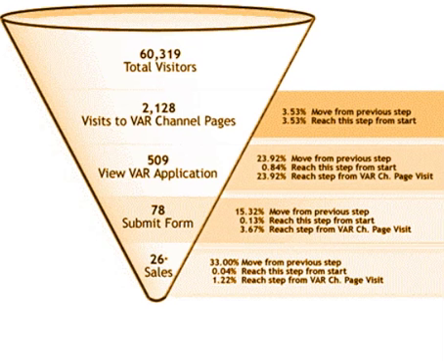Of the 24% that view the application, only 3.67% end up submitting the form from the previous page. Finally, of the 78 that submitted forms, only 26 ended up purchasing in the end, which is a 33% rate. So that means that from the very beginning, of the 60,319 visitors, only 0.04% of people actually ended up becoming customers. That would be a very poor rate.